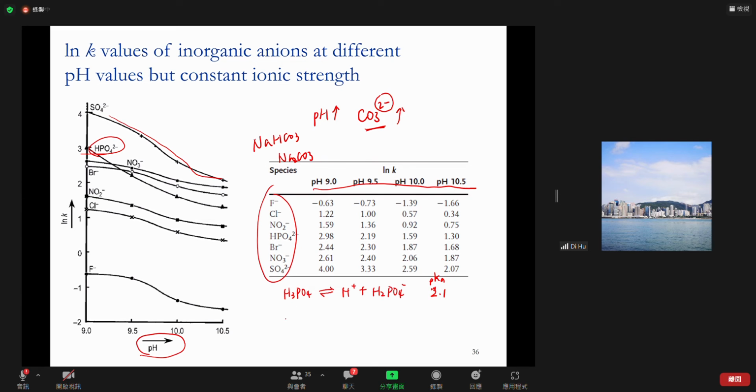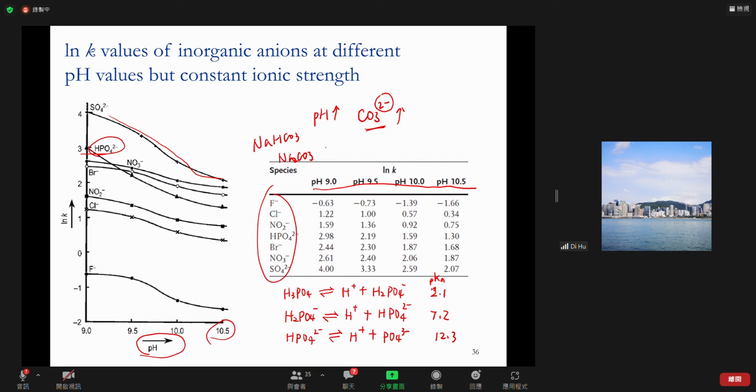However, the dihydrogen phosphate further dissociates to hydrogen phosphate, 2 minus, with pKa 7.2. Then hydrogen phosphate, 2 minus, further dissociates to give phosphate, with pKa 12.3.